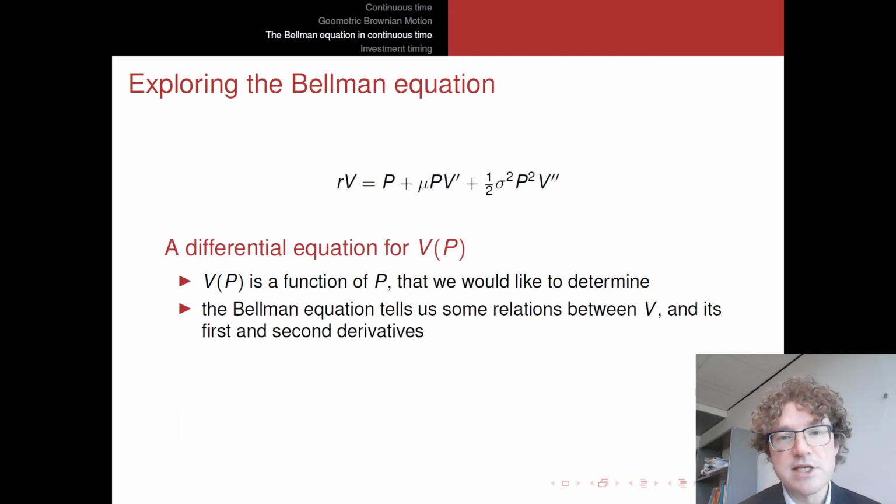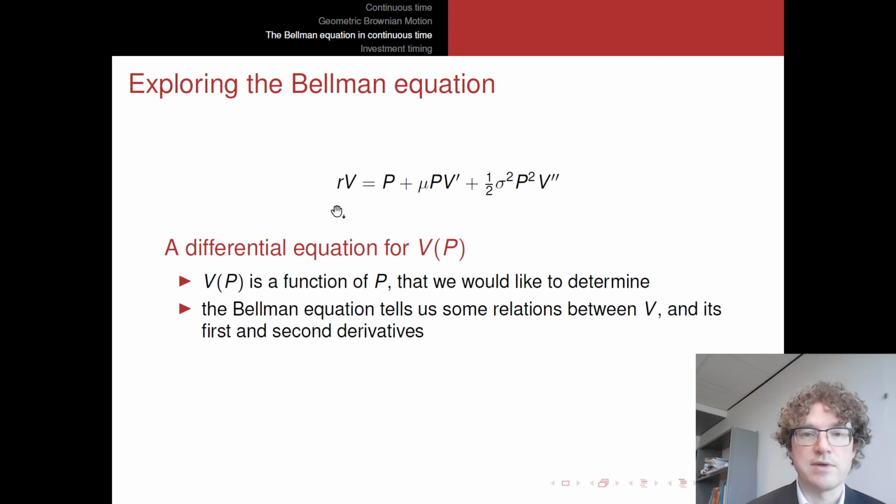As I mentioned, this is called a differential equation. Why? Because it relates a function V to its derivatives, V prime, the first derivative, and V double prime, the second derivative, multiplied by its argument P. Here we have the function V itself, here we have the argument of this function times the derivatives.